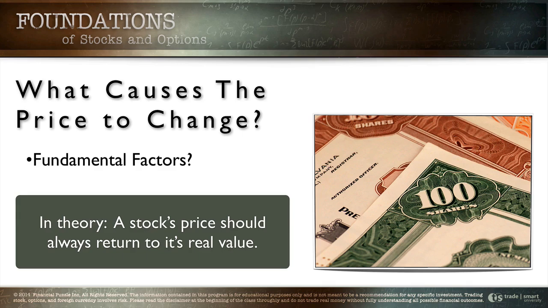In theory, if you do the numbers and the company should be worth $80 a share, then if it's trading at $60 a share, in theory, it should return to its real value. Now, the reason I'm emphasizing this word "in theory" is because theory is not fact. What is theory? It is a theoretical assumption. What is fact? It is an actuality.